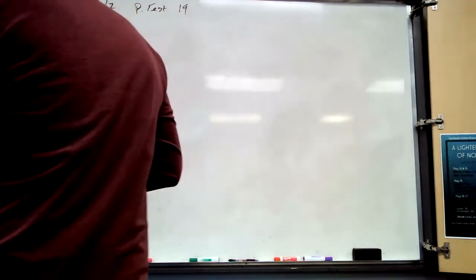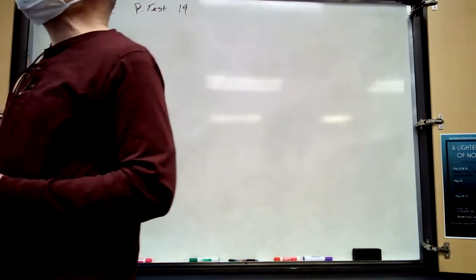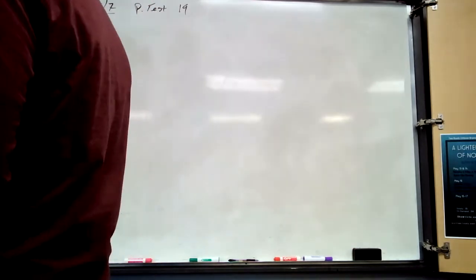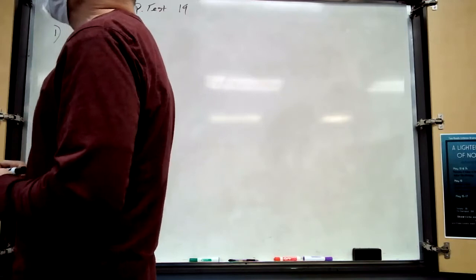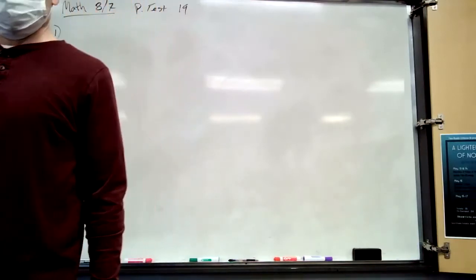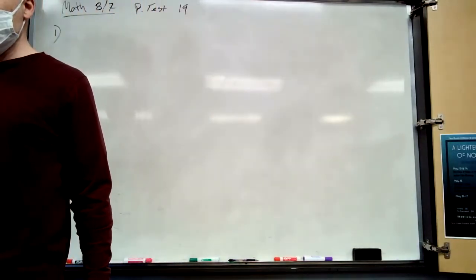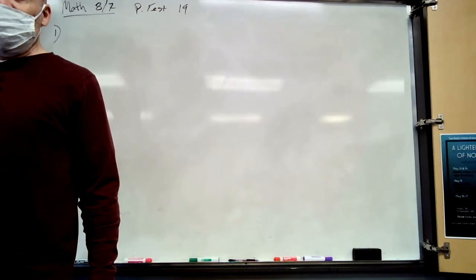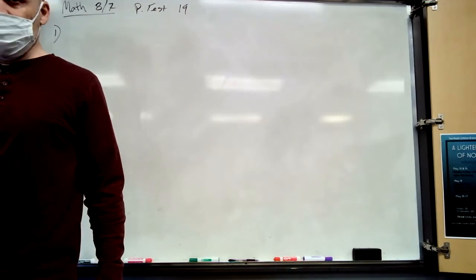Okay, so number 1, after 4 tests, the average was 83. This is even worse than the last one. So what must he get on the 5th test to get an average of 85? This is very much like what we're dealing with today, because we've already taken 4 tests this semester.